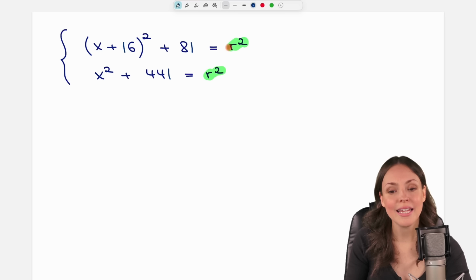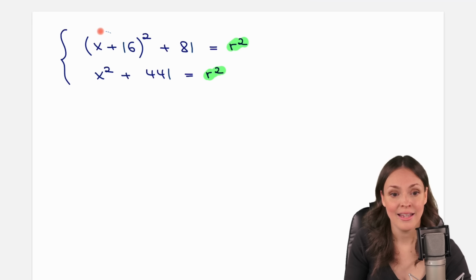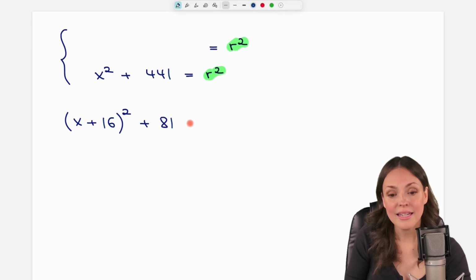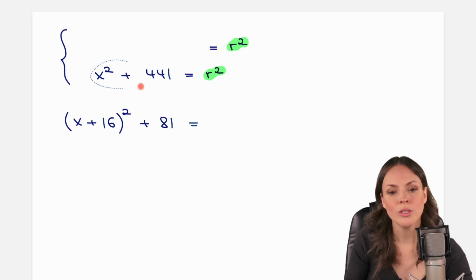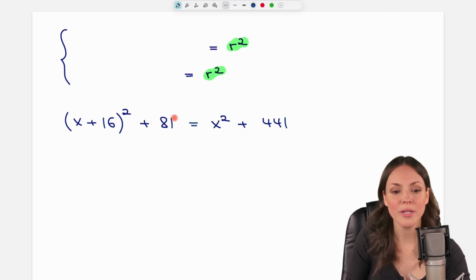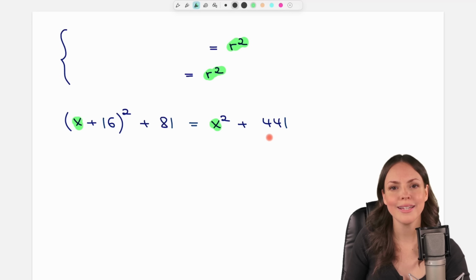So we eliminate r squared immediately by just taking this and setting it equal to this here. And now we only have one variable in our equation, and we can solve for x.